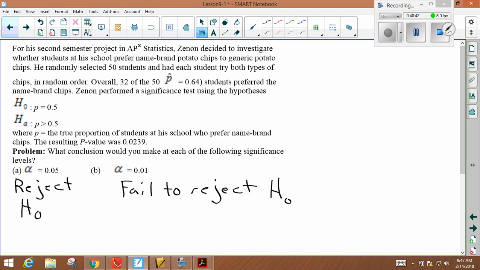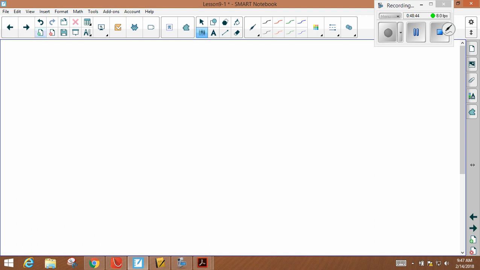All right, so let's talk about a type 2 and a type 1 error. It's very easy to get these confused. There's a little hint here. Hopefully it works for us.